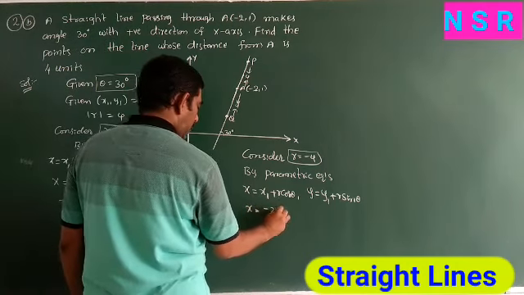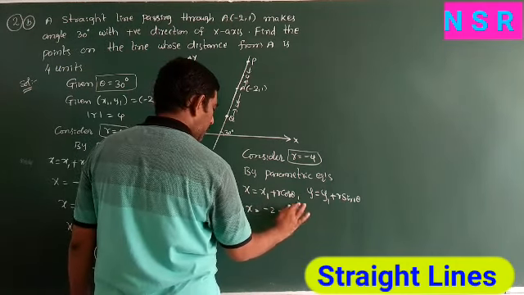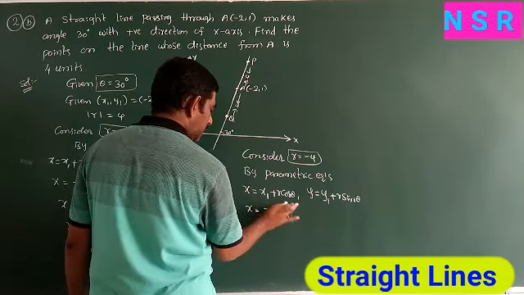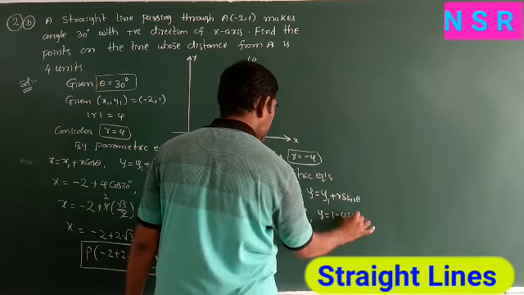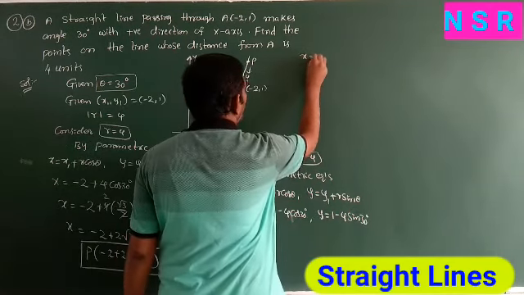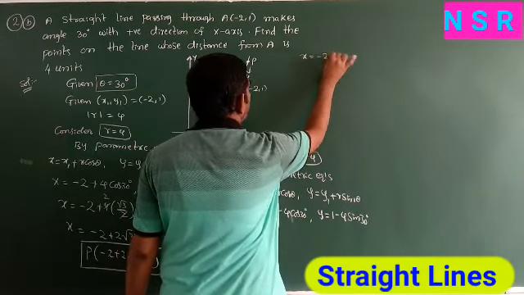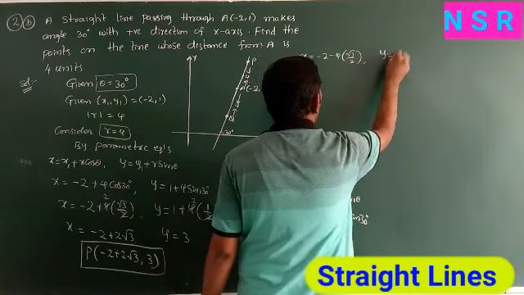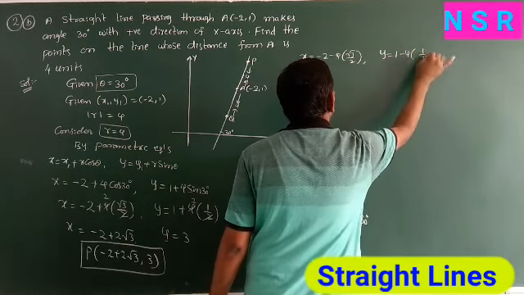The x1 value is minus 2, minus 4 into cos 30. Now y is equal to the y1 value 1 minus 4 into sin 30 degrees. So x is equal to minus 2 minus 4 times cos 30, which is root 3 by 2, and y is equal to 1 minus 4 times sin 30, whose value is 1 by 2.